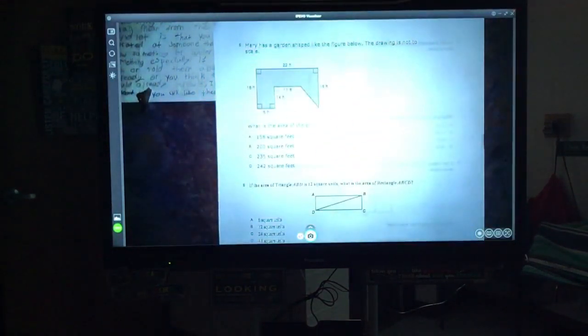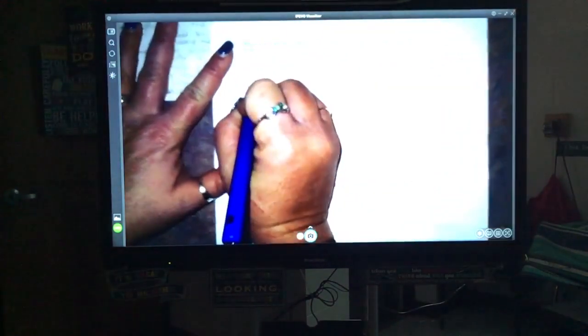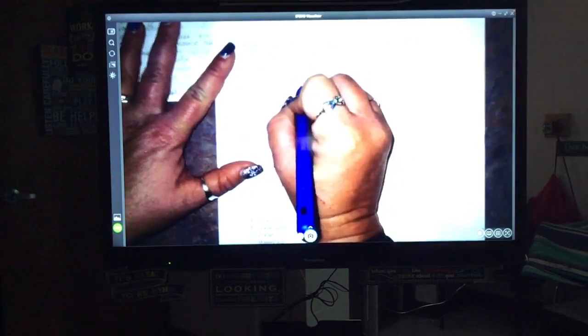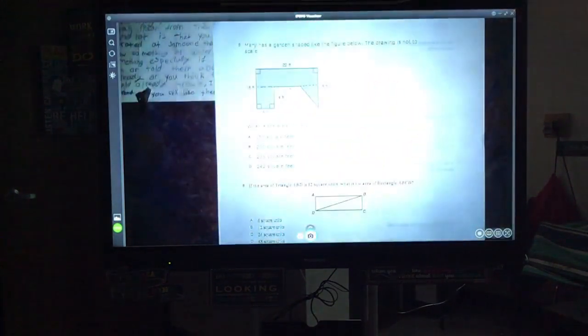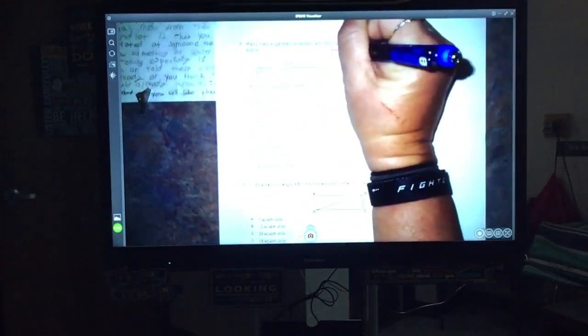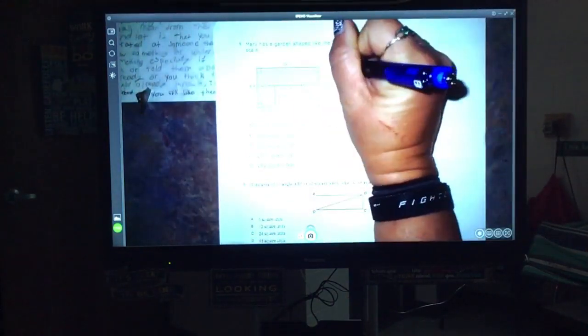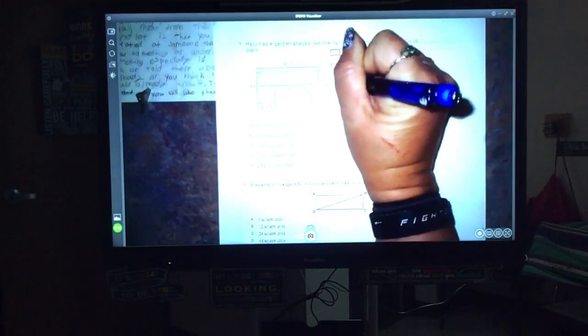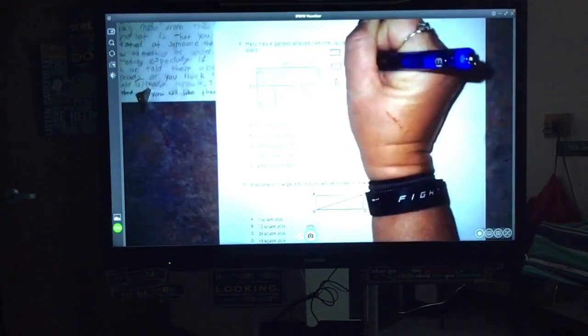Whichever way you decide, it doesn't matter. For this one, I'm going to chop it there. So I have a rectangle, another rectangle, and a triangle.